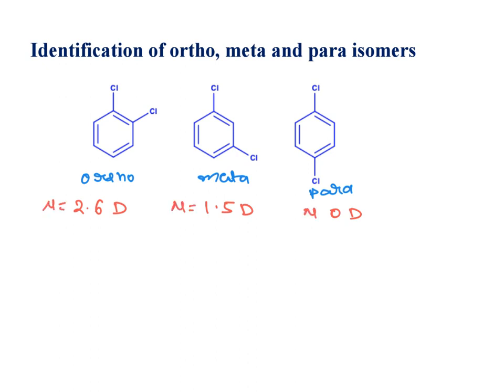Now if I know this dipole moment, how do I assign which is the ortho isomer, which is meta, and which is para? Let's take ortho first. The C-Cl bond dipole is 1.5 D. Again I am substituting in the same formula, mu equals the square root of mu1 squared plus mu2 squared plus 2 mu1 mu2 cos theta.